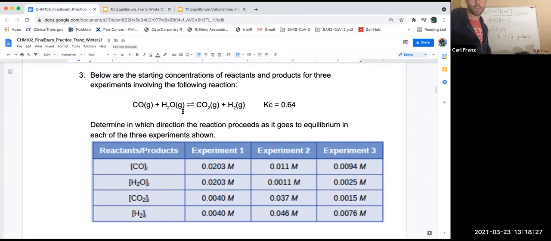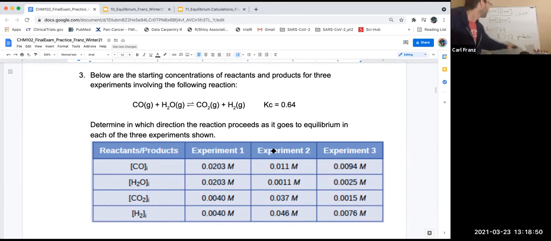Right? Determine which direction. So you could say forward or products. Because if it was the other way, it'd be reverse or reactants. Or you could do left, reverse, reactants, right, forward, products, whatever you want to do.